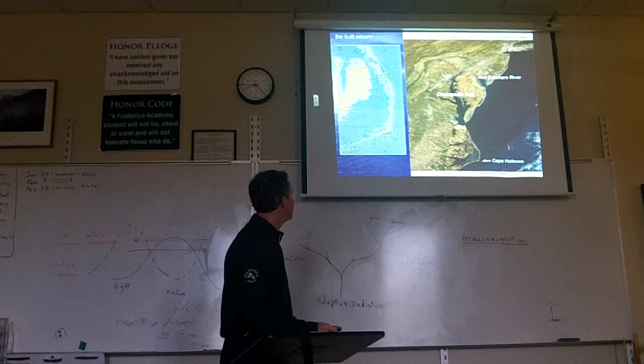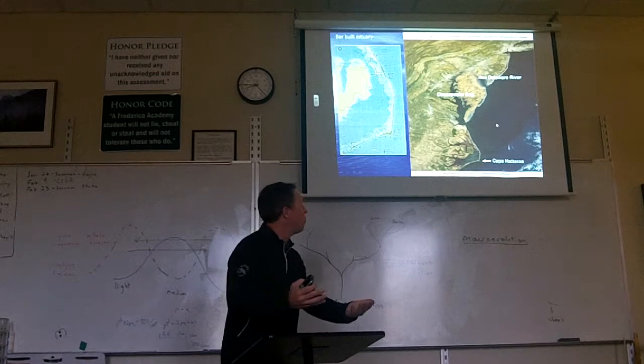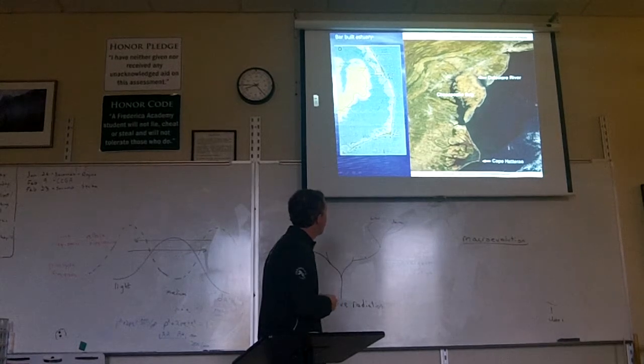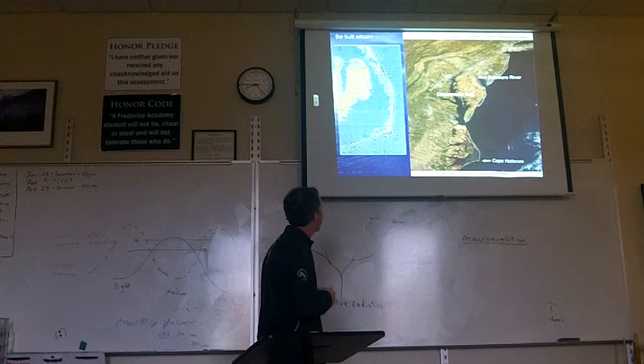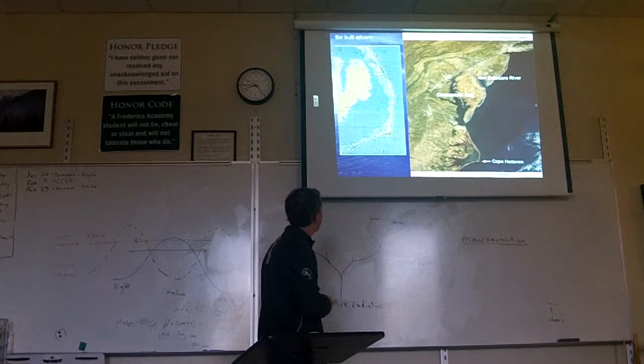When the ocean had retreated during the last ice age, way out here, and the ice melted and the water came back up, it pushed a lot of sand along with it and formed these barrier islands. And so it's behind the barrier islands that you get these estuaries.